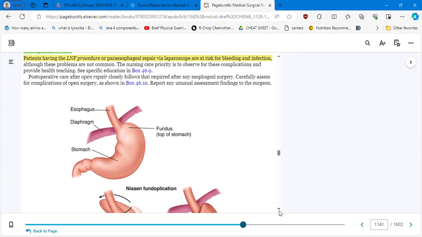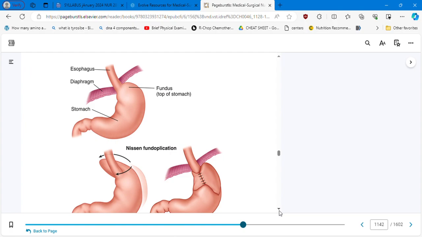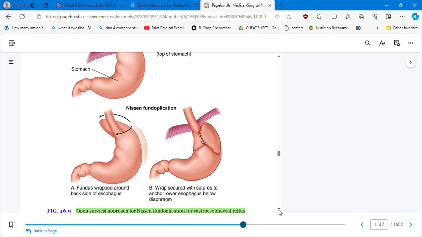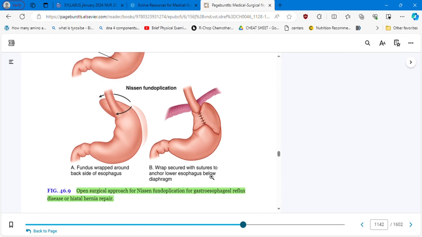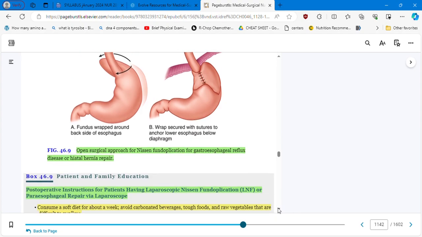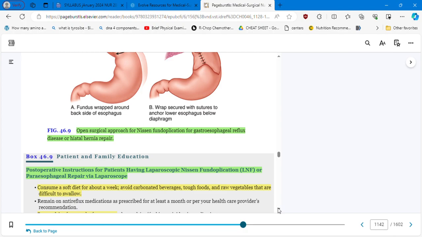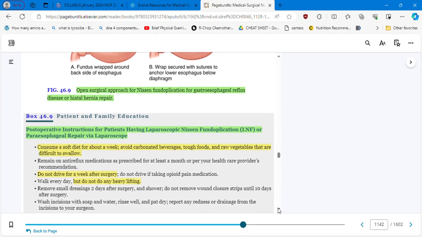Okay, so here they are explaining how the Nissen fundoplication is done. As you can see in graphic A, part of the fundus is taken and wrapped. There is no resection or separation of the stomach from the esophagus.